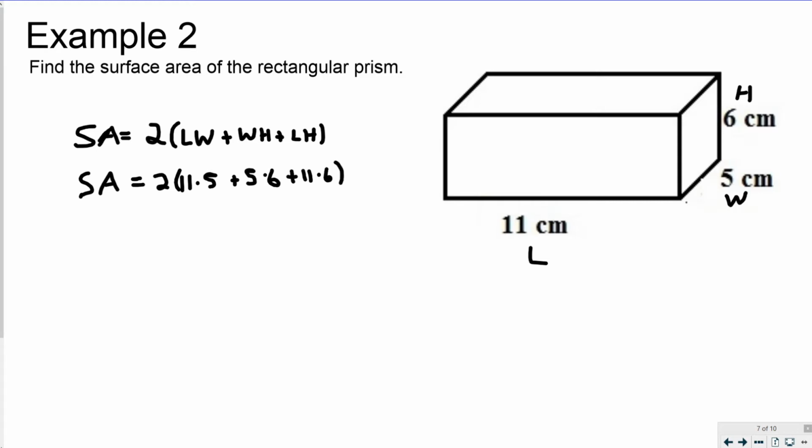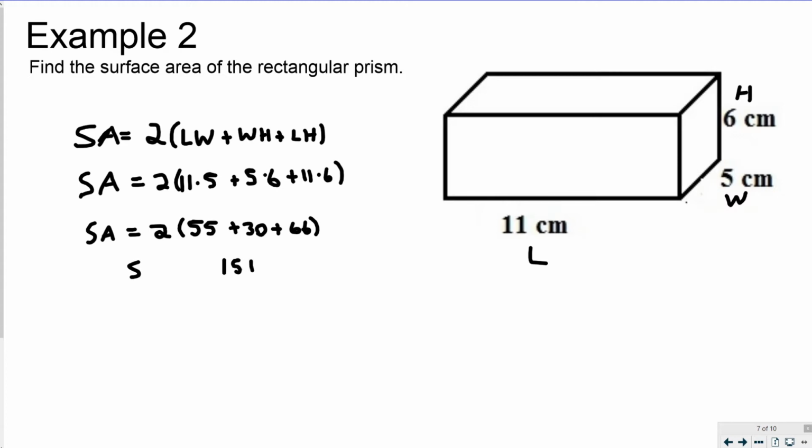Okay, so then we're going to multiply it out. We get the surface area is equal to 2 times 55 plus 30 plus 66. So 55 plus 30 plus 66 is 151.